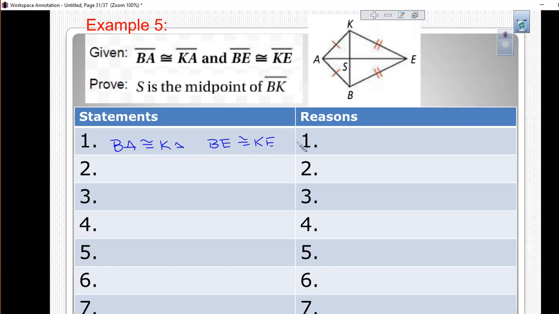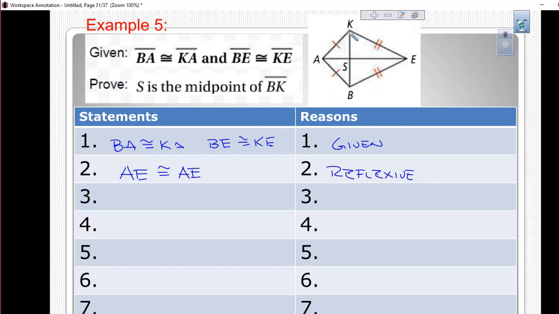So I'm going to combine these two in the first statement. This is going to be given. Now, the next statement, I have the reflexive property. I can say that AE is congruent to AE, and that is reflexive.